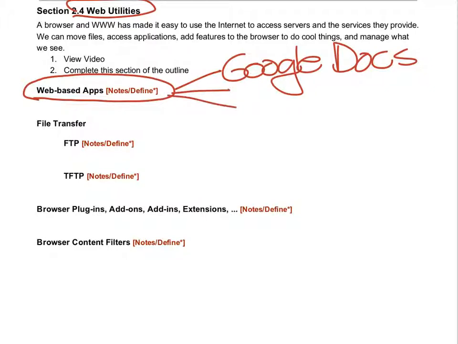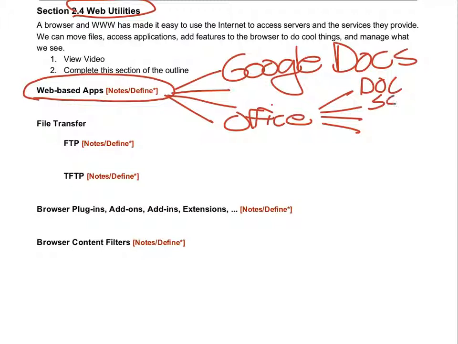There are other types of them out there. Windows, actually, their Office package, they have an Office package in which you can access documents, spreadsheets, a couple other things in the same fashion as Google Docs does.